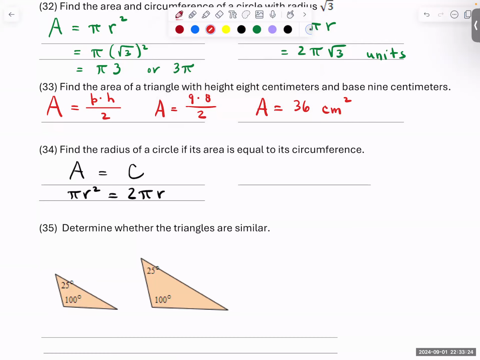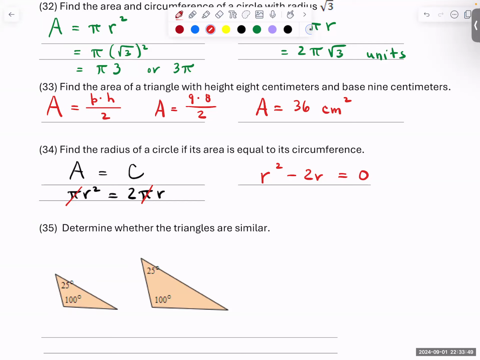So we can divide both sides by pi. That will eliminate pi. And then we'll want to solve for the radius. So we have a quadratic equation in the variable r. So we'll subtract 2r from both sides, set to 0, and solve by factoring.